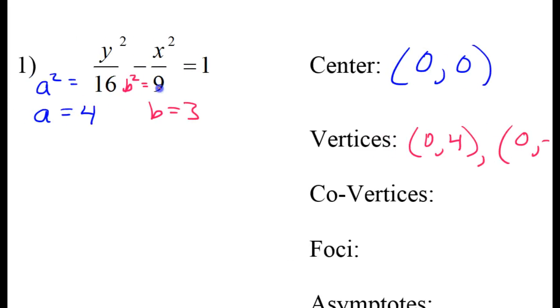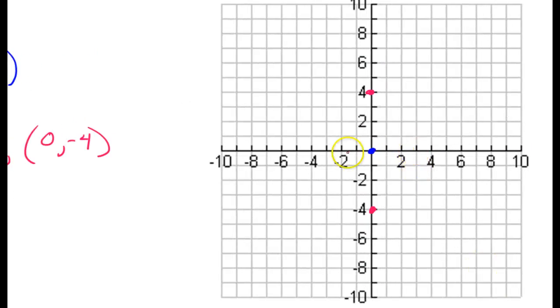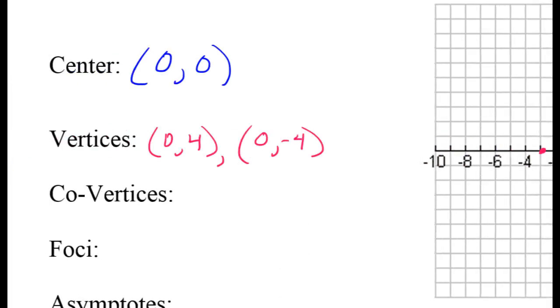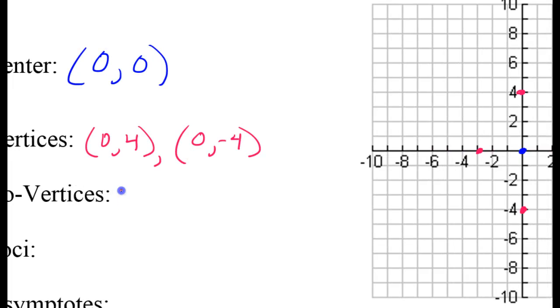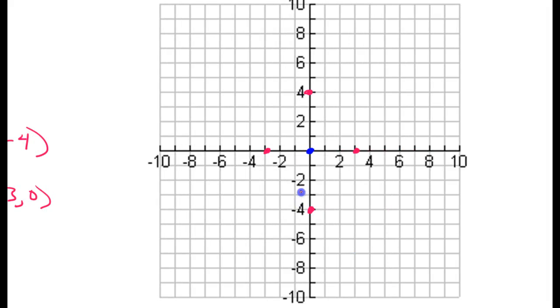Okay, but notice that this 9 is in the x term, so I'm going to do plus or minus 3 in the x direction. Now these are the covertices. Okay, so that's going to be -3, 0 and +3, 0.